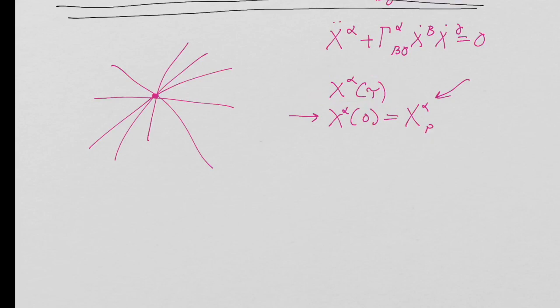The other thing you need is that at the point P, you need to know x dot alpha at 0. You need to know the tangent vector. If I know a point in space where the geodesic goes through, and I know the tangent vector of the geodesic at that point, this unambiguously selects all the points along the geodesic.